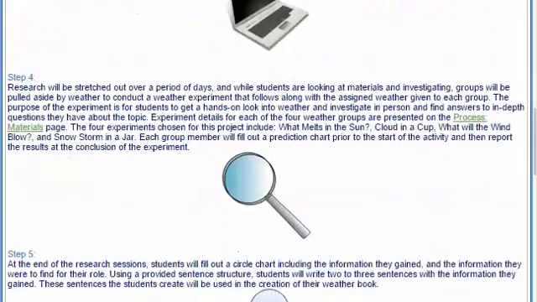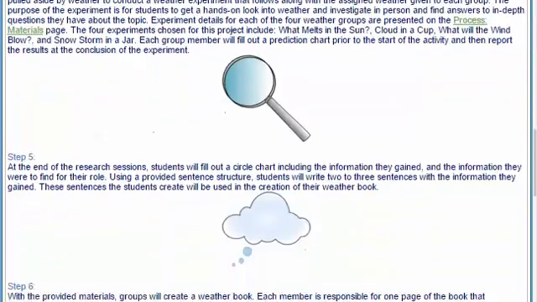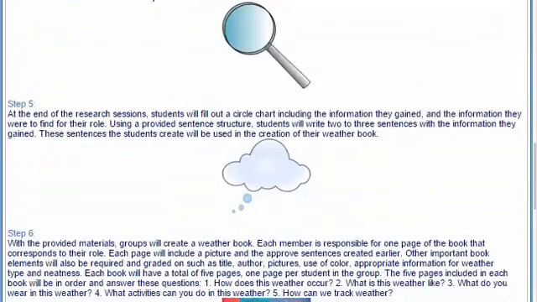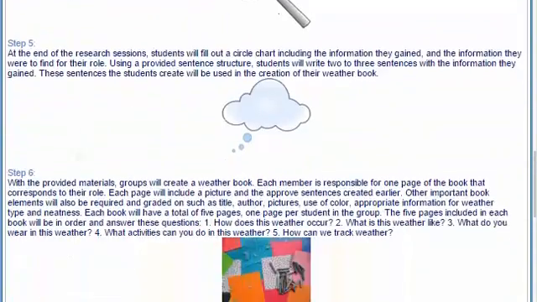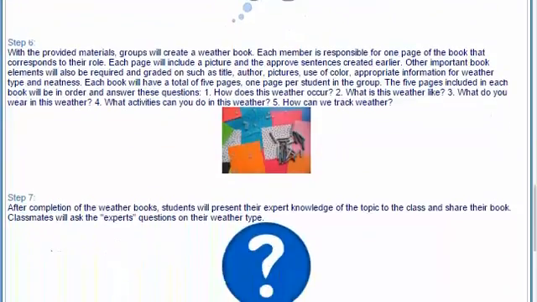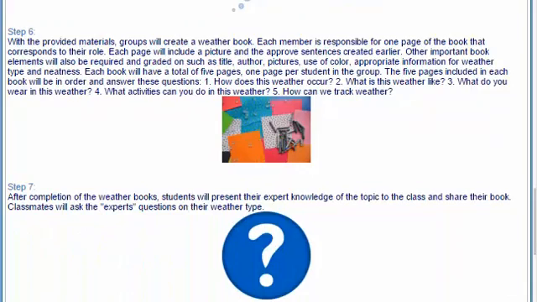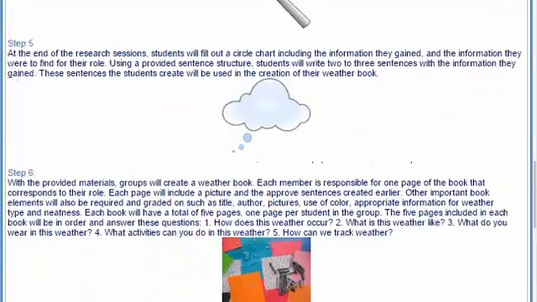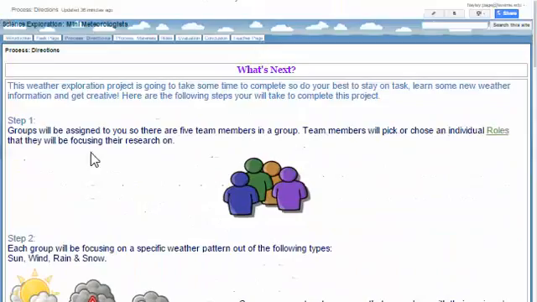Step 4 is the students are going to be pulled aside and doing experiments on days 1 through 4. Step 5 is going to be the creation of the circle chart of the 3 sentences. Step 6 is the creation of the group weather journal, and then step 7 is sharing their presentation. So we'll move on to the materials page.